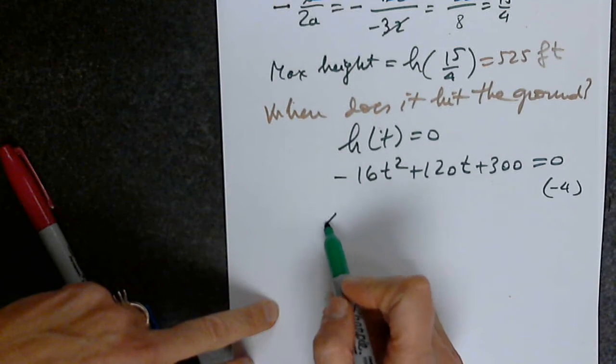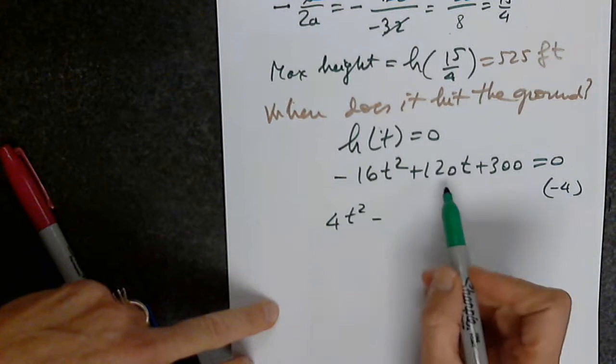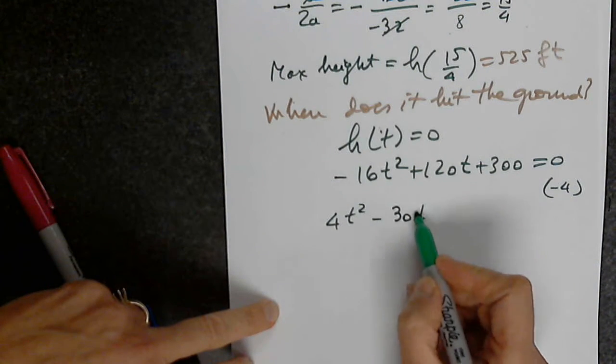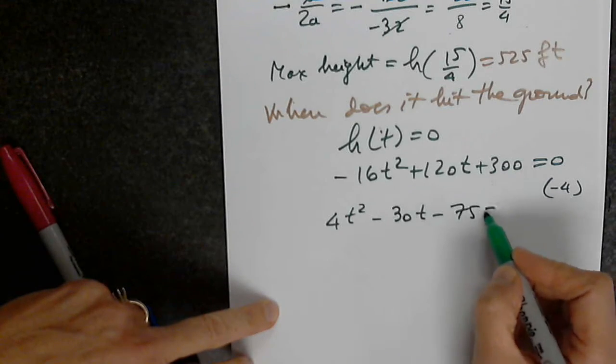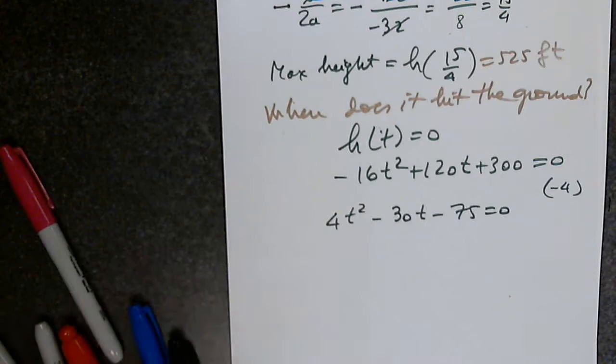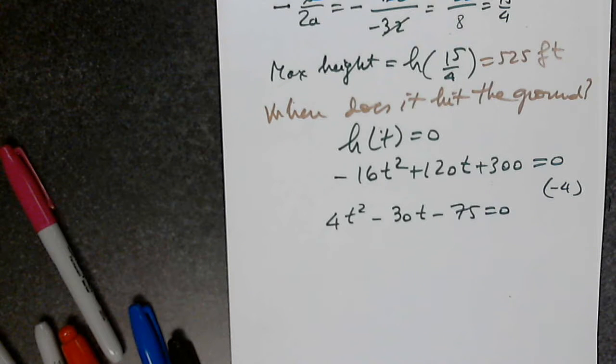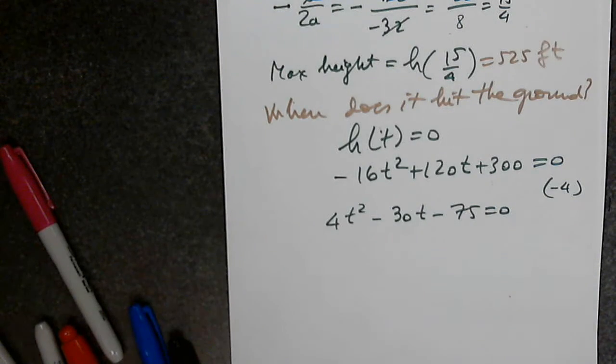So let's see. So I have 4t squared minus 30t and minus, that's 75, right? 300 divided by 2 is 150, and divided again by 2 is 75. Good. What do I use now? Quadratic. Yes.